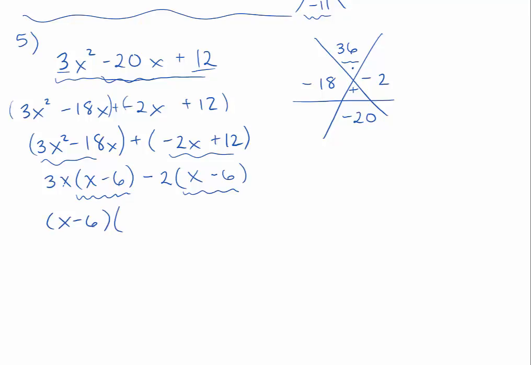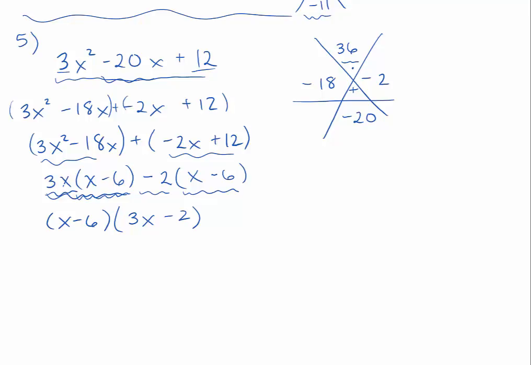And then I ask myself what I have left, just like before. And in this first term, again, if you need to divide, I divide by x minus 6. And what I'm left with is 3x, okay? And so what you're always going to be left with is whatever's on the outside right here, and whatever's on the outside right here. And so in this second term, there's going to be a minus 2. If I had negative 2 times x minus 6, and I divided by x minus 6, I divide out what I pulled out. I just have a minus 2.